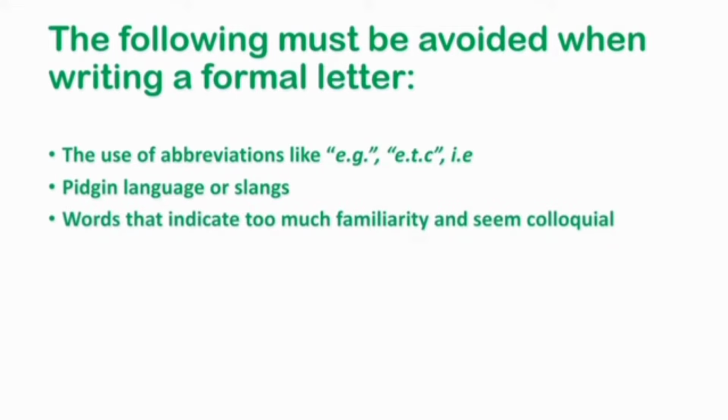Words that indicate too much familiarity and seem colloquial. 4. Idiomatic expressions. For example, statements like "a bird in hand is worth two in the bush" or "throw in the towel" are not allowed in the formal letter.